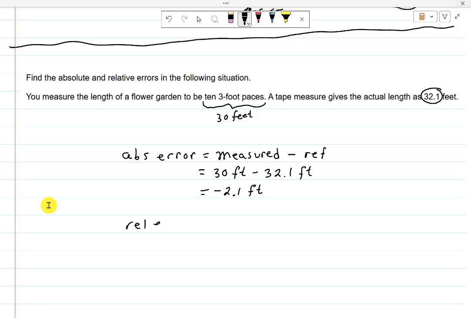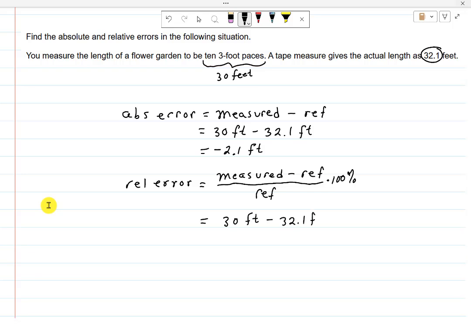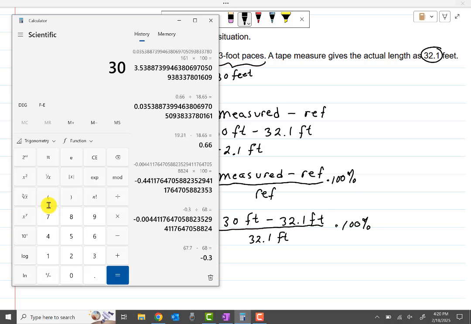Then our relative error, that's measured minus our reference divided by reference again times 100%. So we've got our 30 feet minus 32.1 feet divided by 32.1 feet times 100%. 30 minus 32.1, enter.